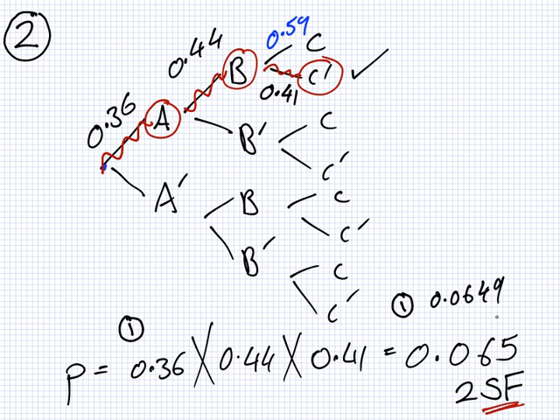But if you don't write this, it's okay. You can still get that mark if this is right. 1 mark for the SF. But this is optional. If you don't write that, then you get 2 marks for this and 1 mark for the multiplication. No marks for the tree. Never said to draw the tree.